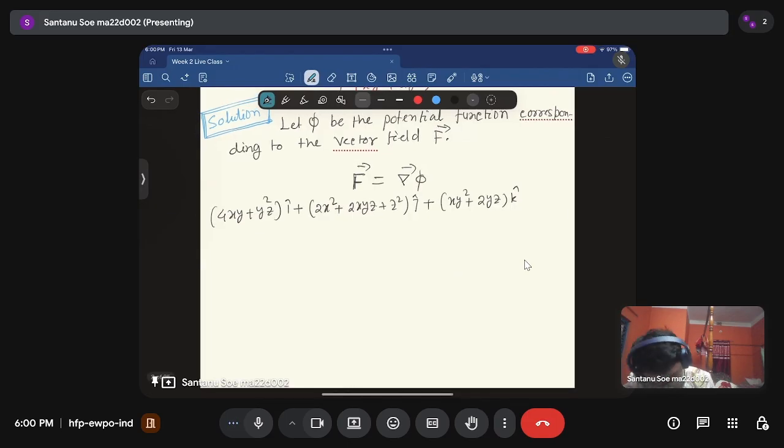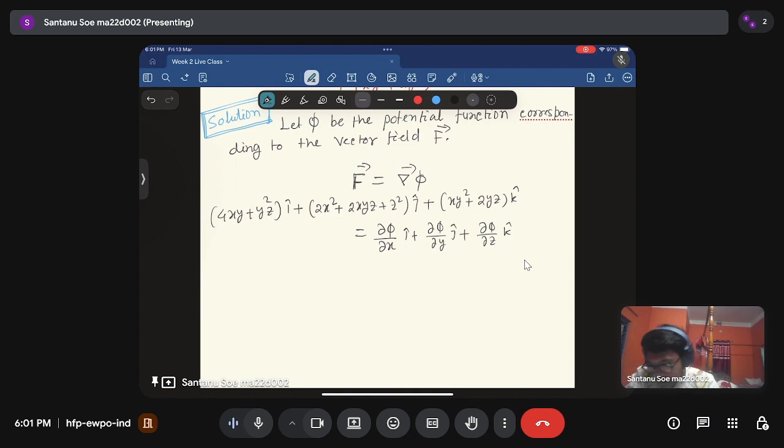Okay, and this will be equals to del phi by del x i cap plus del phi by del y j cap plus del phi by del z k cap. Okay, so now we have two vector fields, one on the left side which is F, and on the right side which is the gradient of phi. So that means we can compare the components of both the sides.